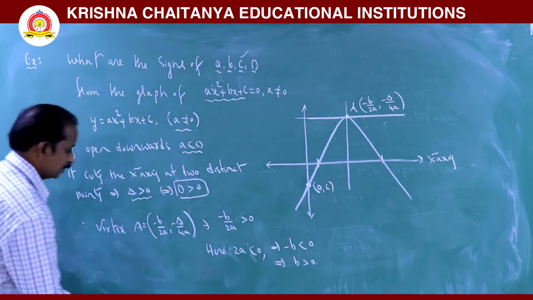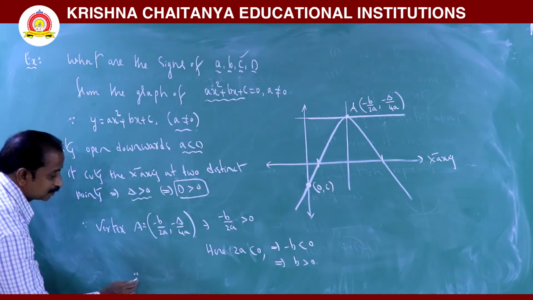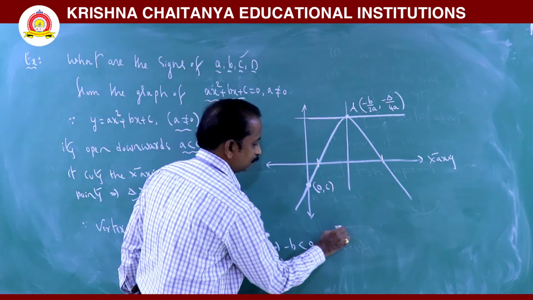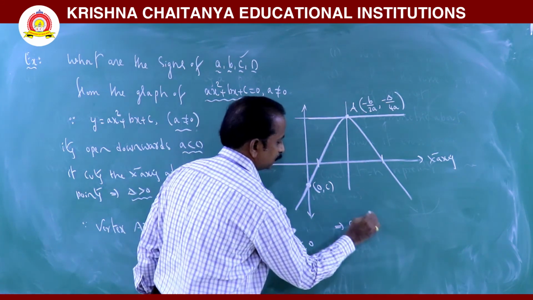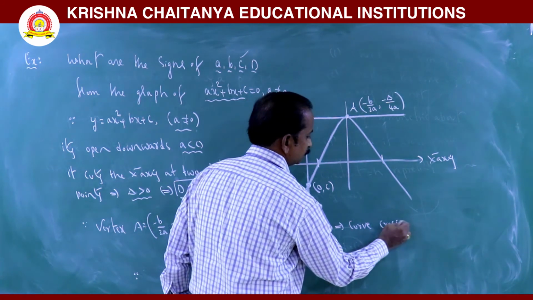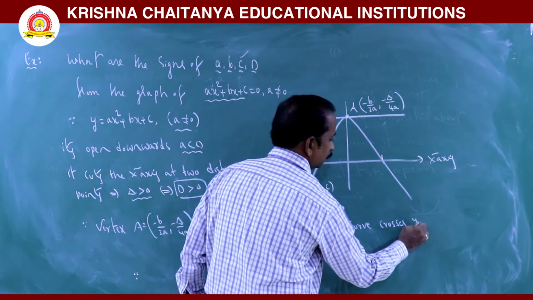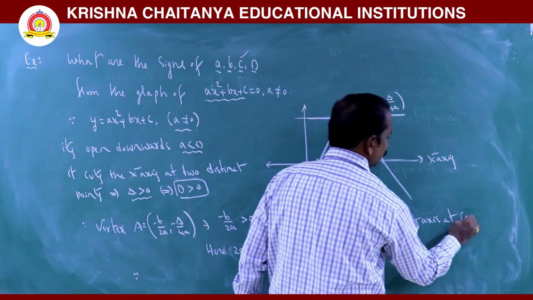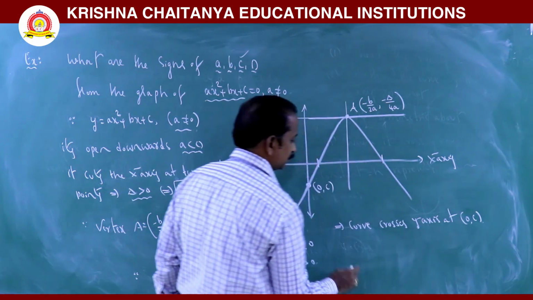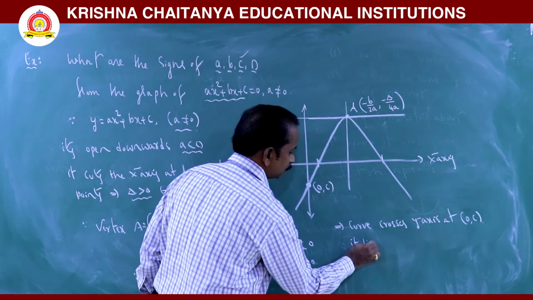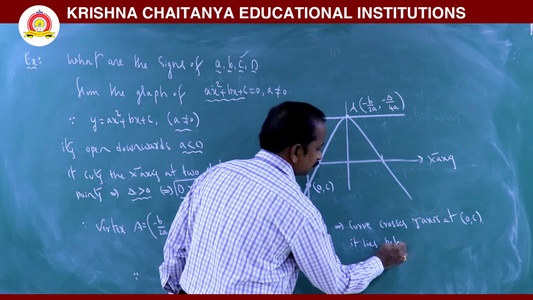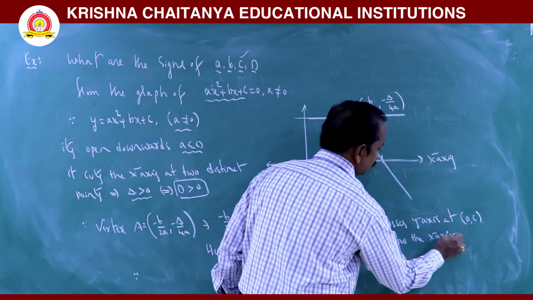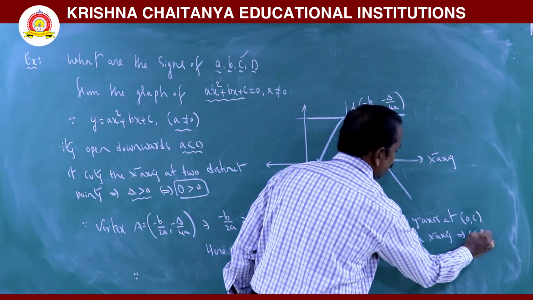So the curve crosses the y-axis at the point 0 comma c, but it lies below the x-axis. Below the x-axis implies c is negative.